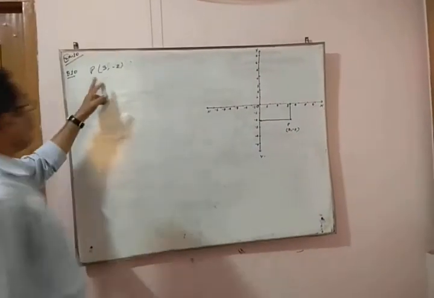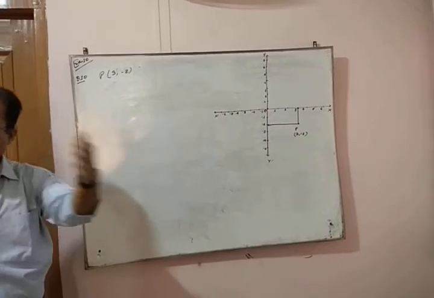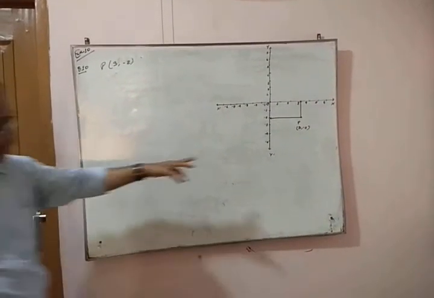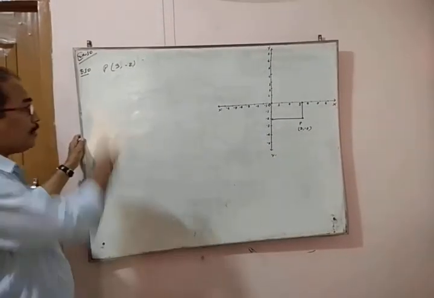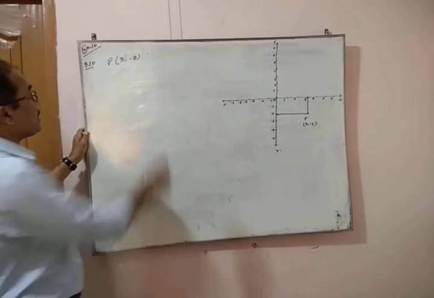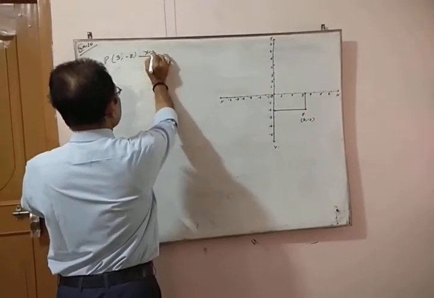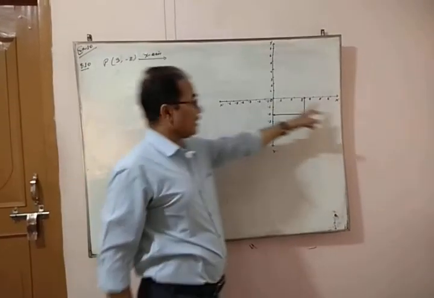If the coordinates of a point are given to you, then you have already studied the location of the point. So this is the point P. Now you have to find the reflection of the point from the x-axis. So this is your x-axis.